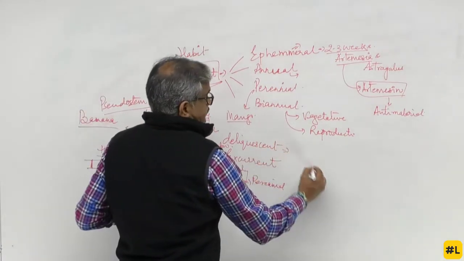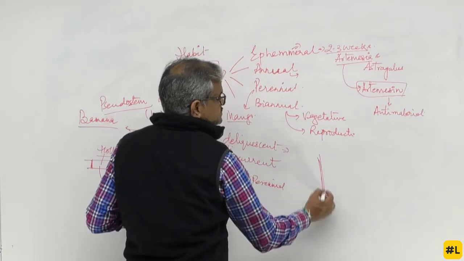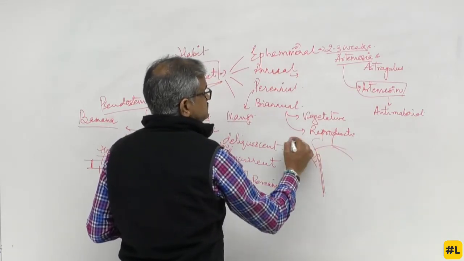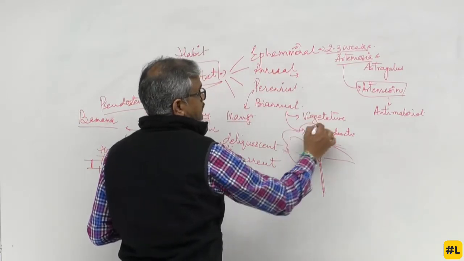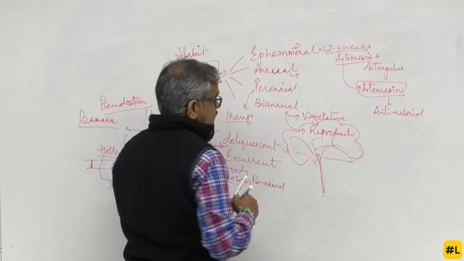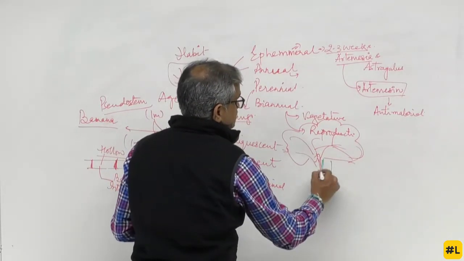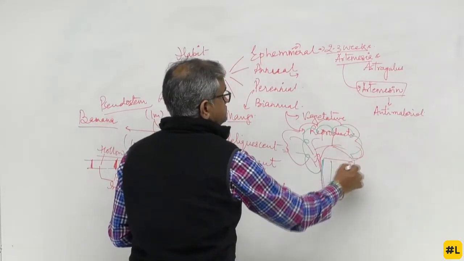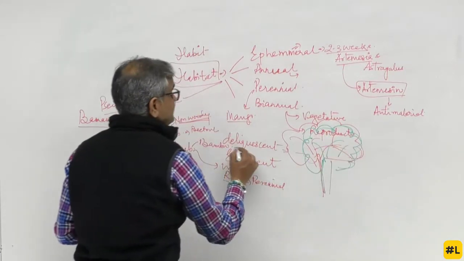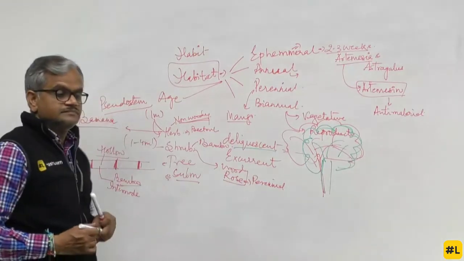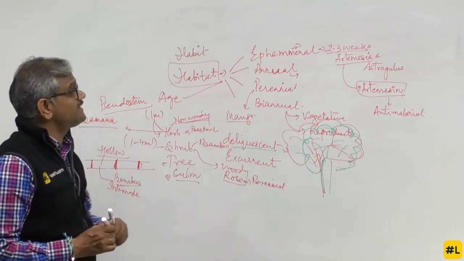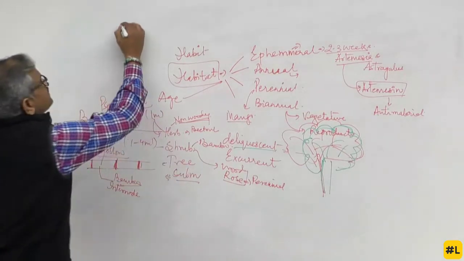Deliquescent: the main axis grows, after that growth stops, and it grows entire branches. Whenever in childhood we made a plant or a tree, we always made a central axis like this, and above that like this. That means we are talking only about deliquescent. Sir, what about excurrent? How do you make a Christmas tree?